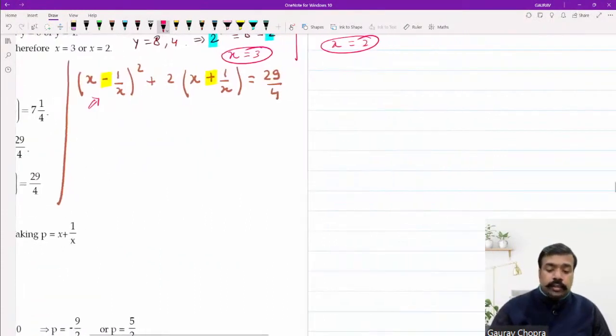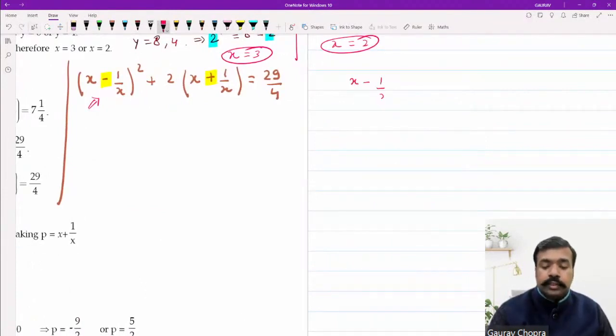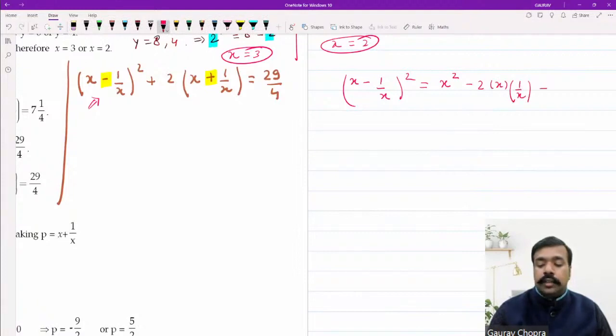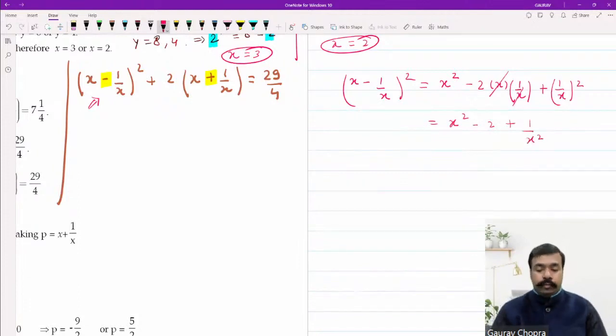So when we open x minus 1 upon x whole square, this becomes x square minus 2 times x into 1 by x, plus 1 upon x square. This is the total thing. Now the x and x get cancelled. So what is left? x square minus 2 plus 1 upon x square.